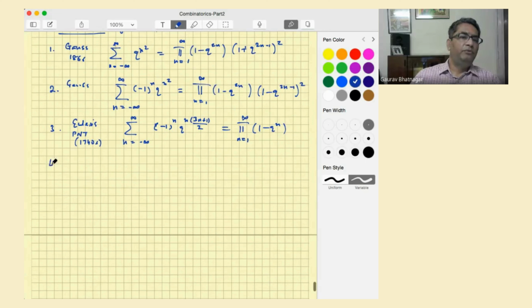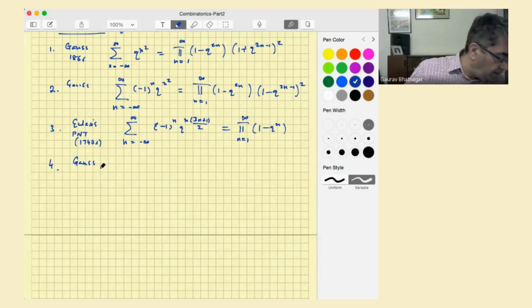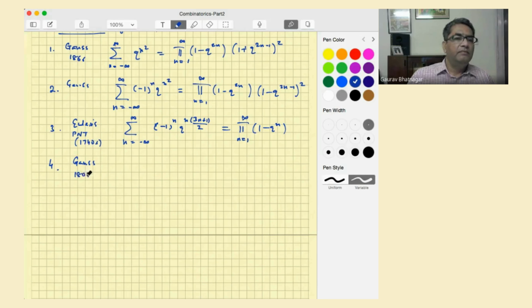This we have already proved last time. Another one due to Gauss. This one is 1808, it says. Not sure. It's an earlier thing.